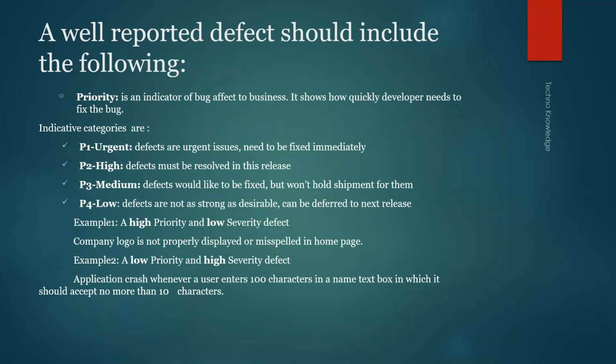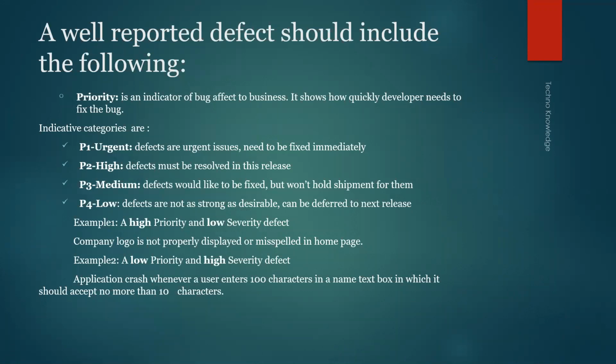It would be nice to fix, but it won't hold the overall product shipment. And finally P4 is the low priority, where defects are not as pressing, and they can be deferred to the next release. So the business will decide for one particular defect what the priority is.